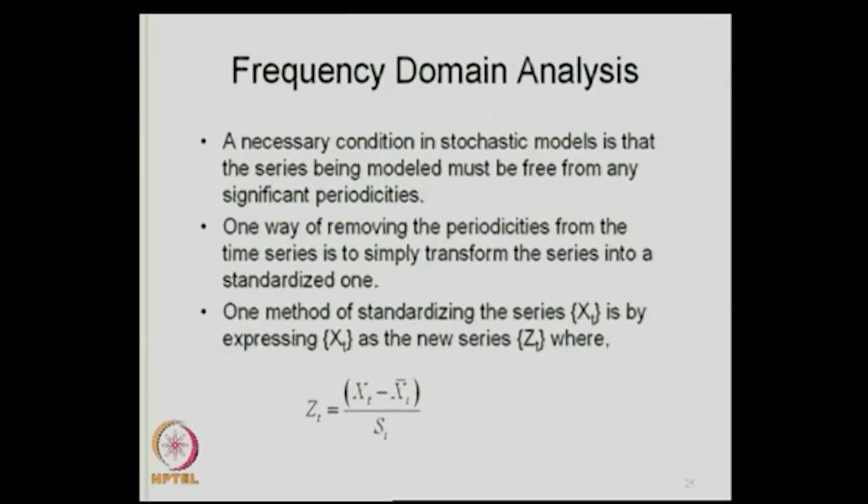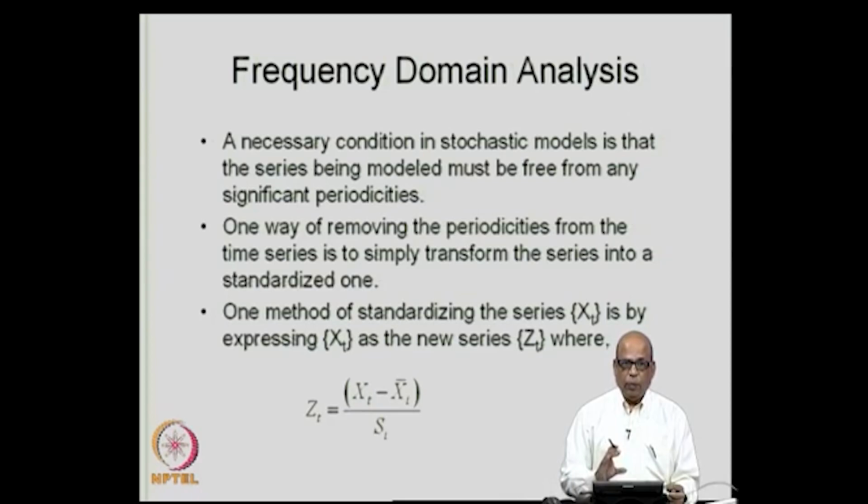If we normalize the series and then examine the spectral density, you may see that most of the periodicities are removed. In many hydrologic applications, either standardization or normalization works as a first step.